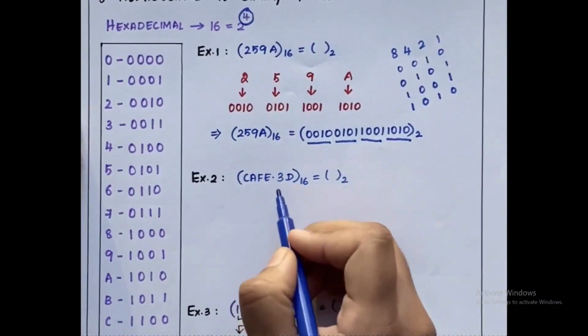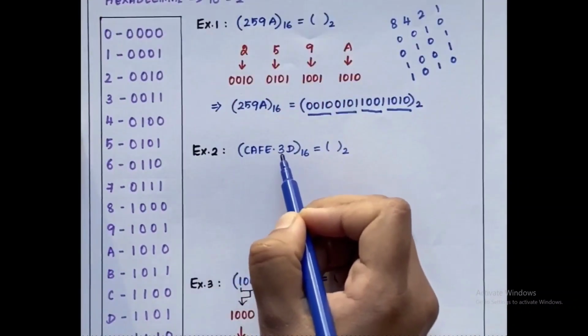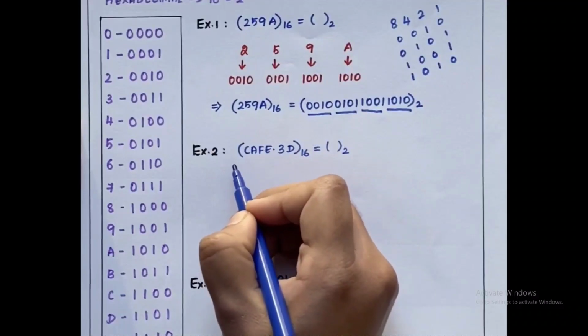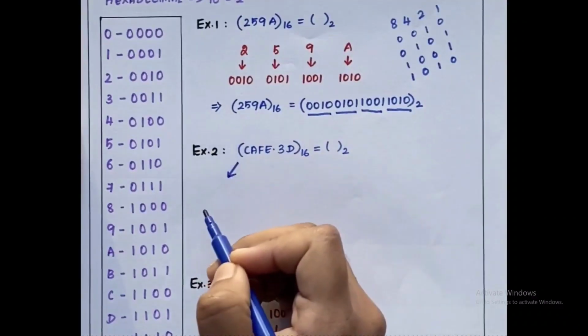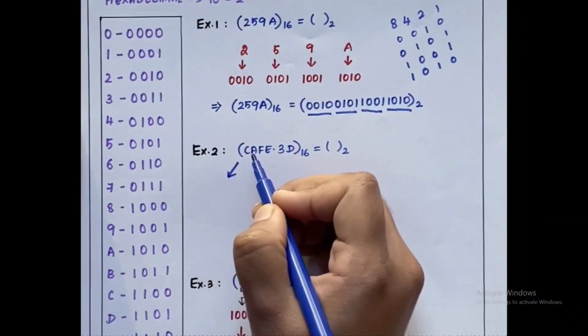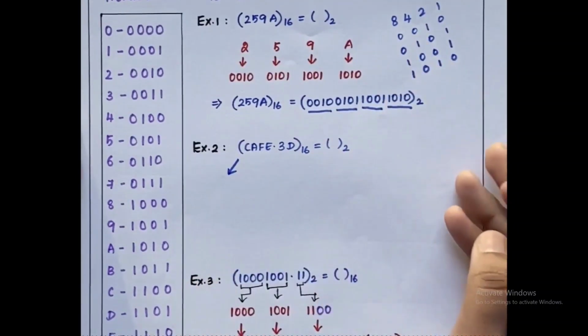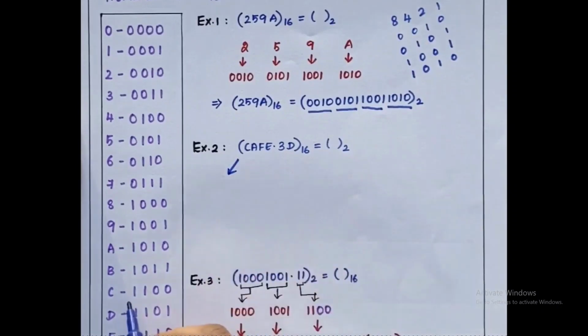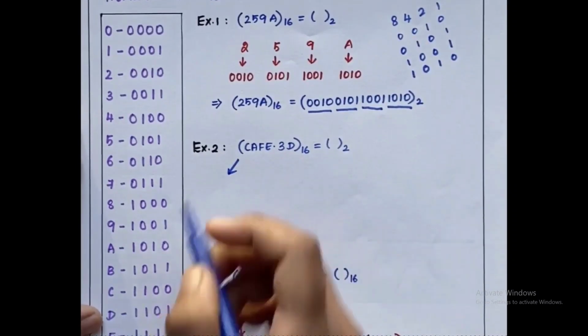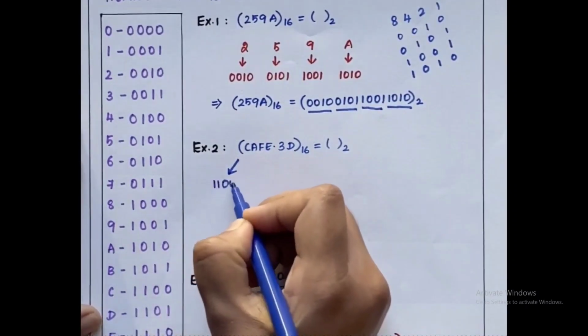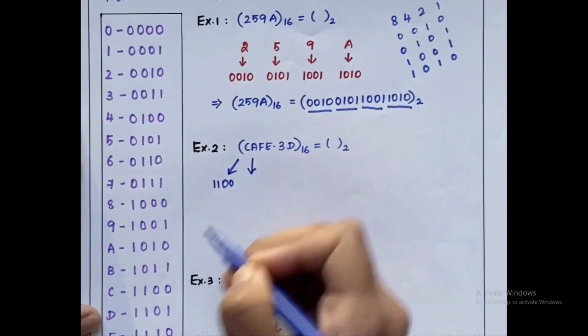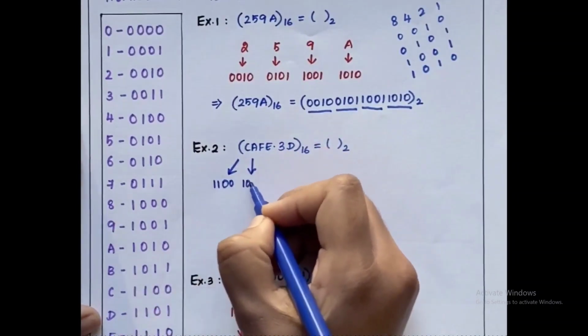CAFE dot 3D, which has both the integer part and the fractional part. Let us replace it with the equivalent values of binary. For C, from the table we can write the values, or you can use the 8421 technique also. For C it is 1100. For A it is 1010.